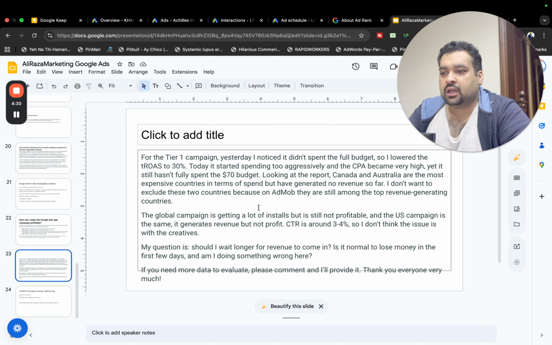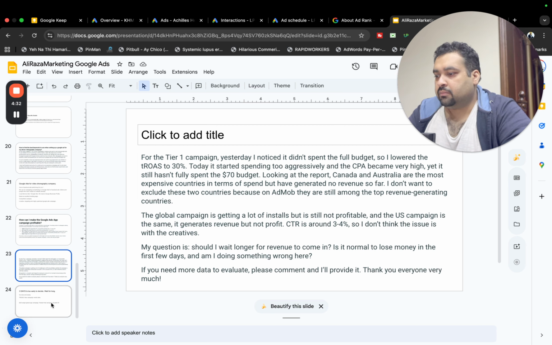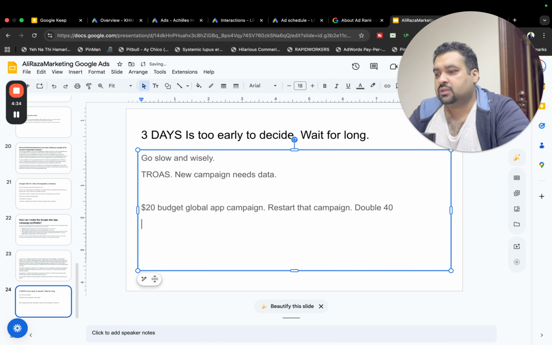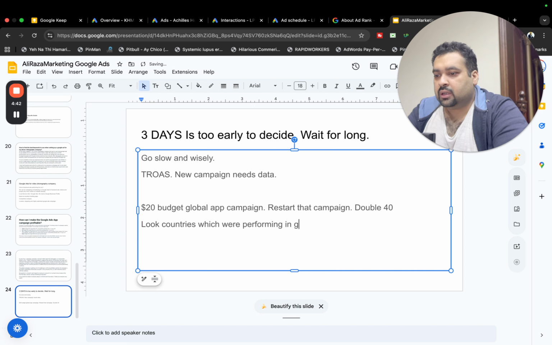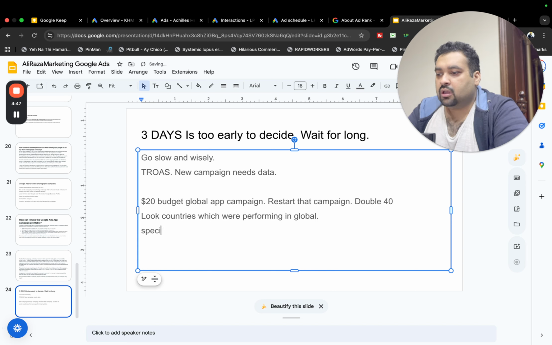You are scheduling the countries on AdMob, but my opinion is to look for the countries which are performing well in the global campaign and then create specific mobile app campaigns for those countries.